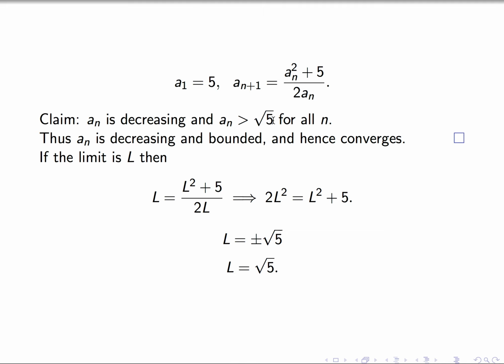So why do we go through all this extra work of showing things are greater than the square root of 5? There actually is a reason, and if you go back and look at the proof, maybe you'll see why. That square root of 5 actually came into play at a couple different points in our proof, and if that number had been 0 or really anything other than the square root of 5, that proof wouldn't have worked.